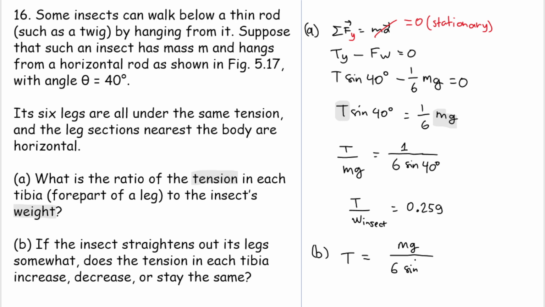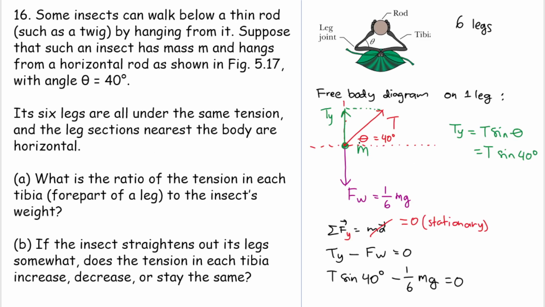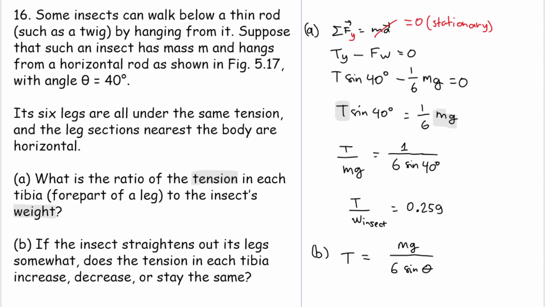Then if it straightens its legs, theta will increase, right? Because it will go here. So when the legs straighten, theta increases.